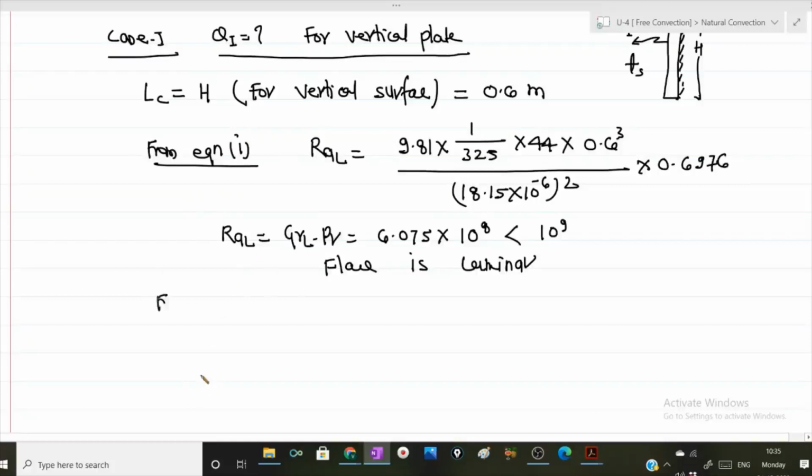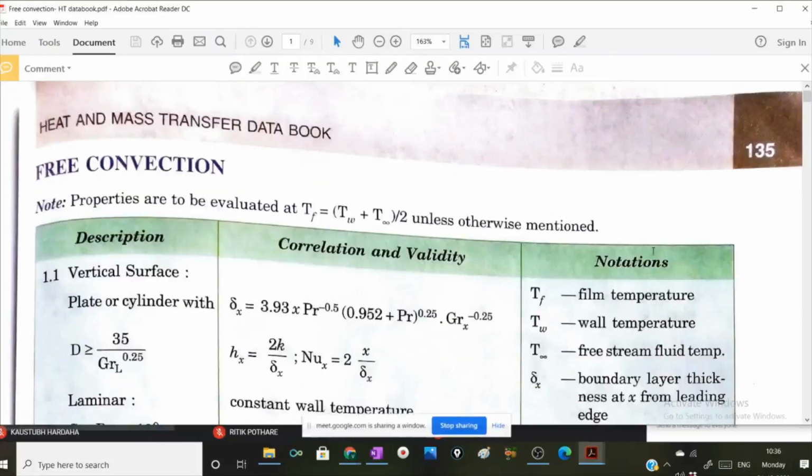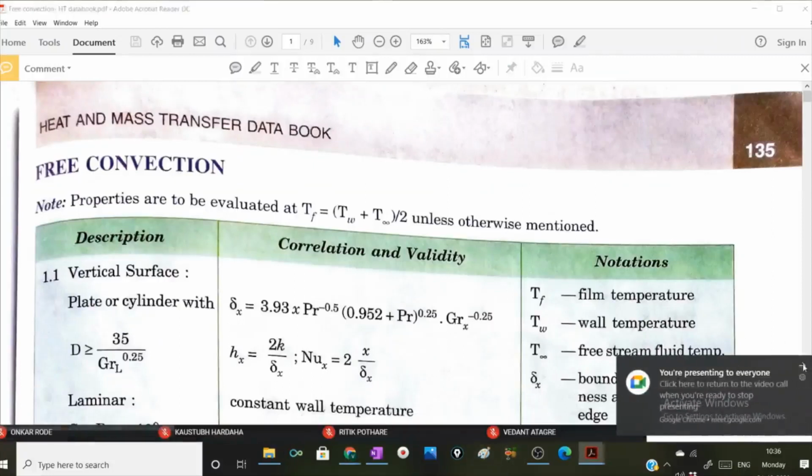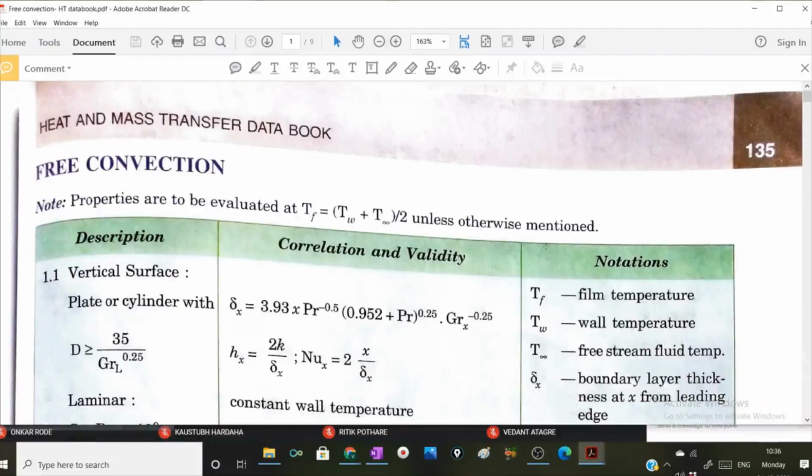Okay, so from the heat transfer data book, page number 35, I hope all of you have got page number 35 for free convection.